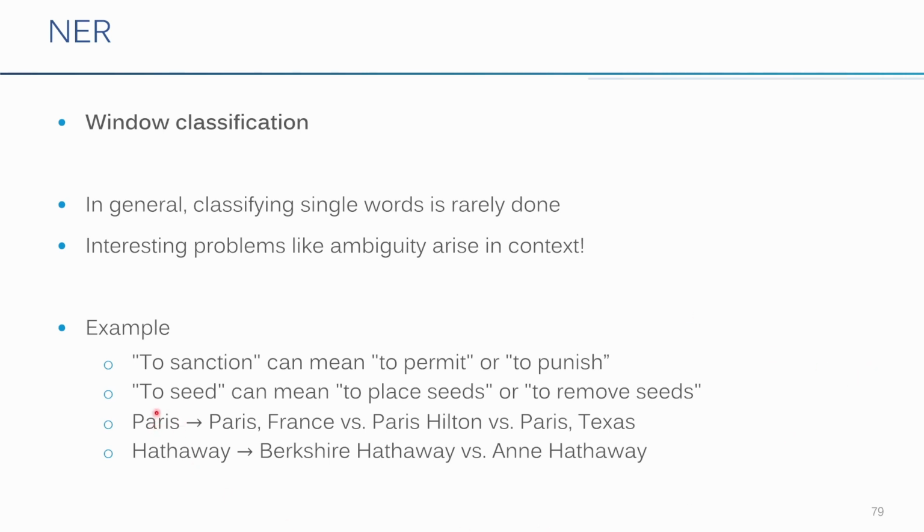For example, if you're trying to categorize Paris here, you would categorize this as a location because we're talking about Paris, France, or you would categorize this as Paris Hilton, the person, or again, Paris in Texas, which is another location. And then of course, if you have enough data, if you have enough context, this can be somehow inferred, but still it presents a more complex scenario, right?